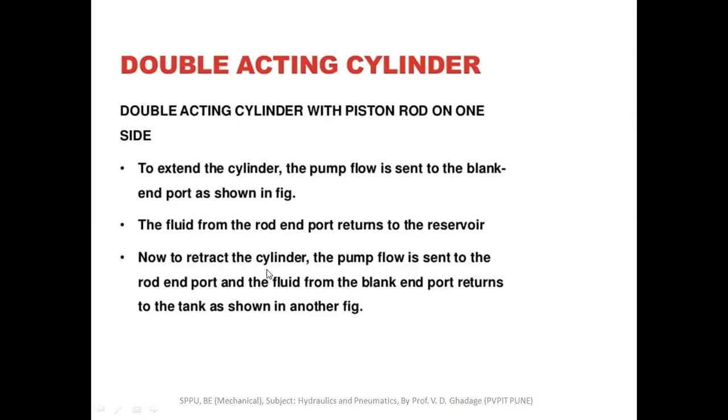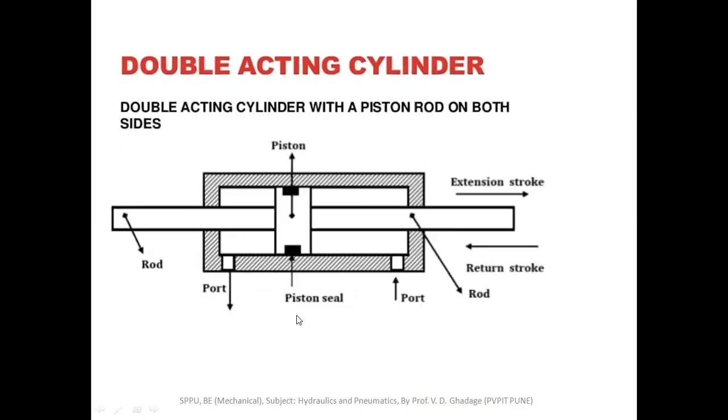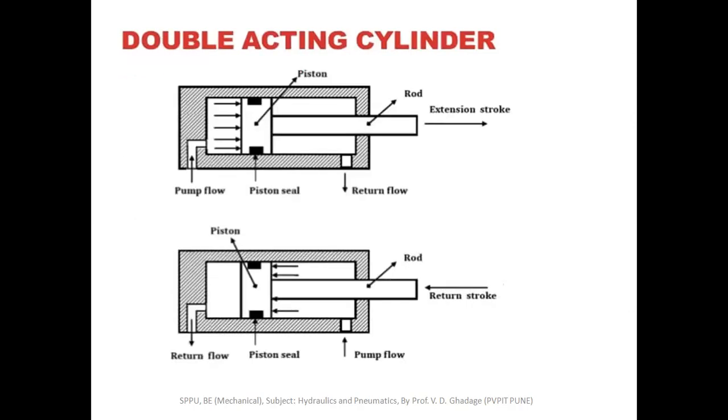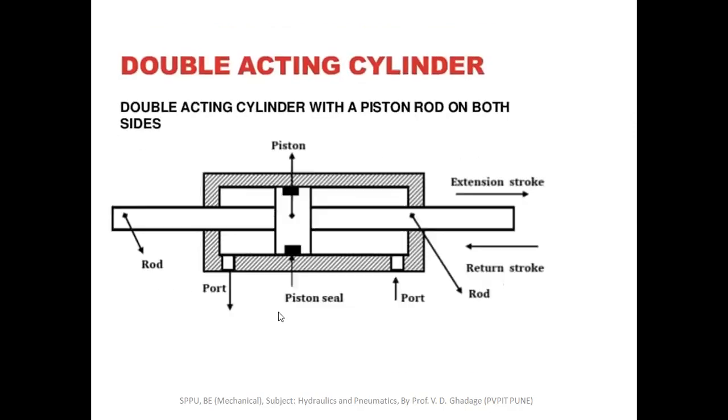Now, to retract the cylinder, the pump flow is sent to the rod end port and the fluid from the blank end port returns to the tank as shown in another figure. See, this is return stroke here on that side.